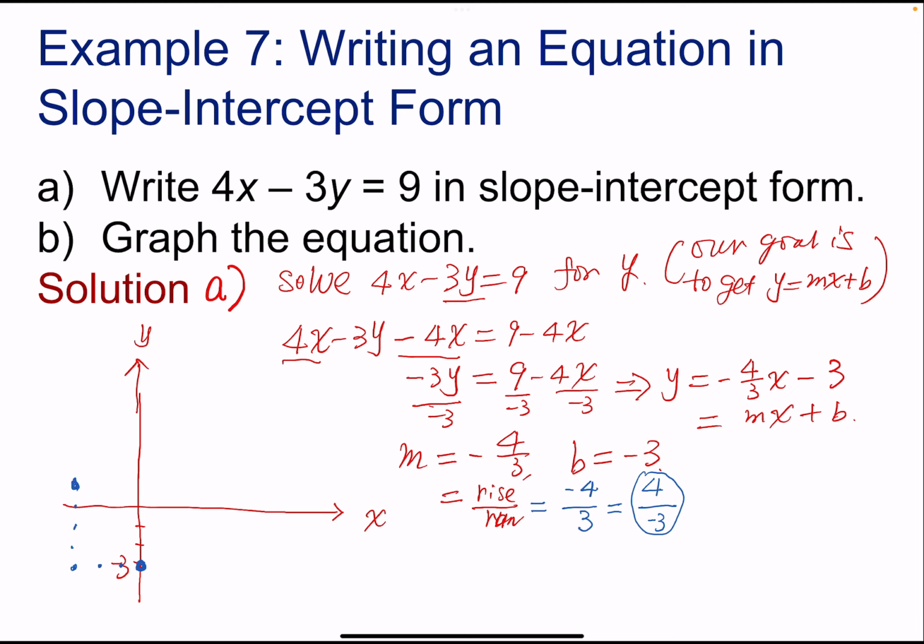That would be the second point. I can connect those 2 points to get the line 4x minus 3y equals 9. So that's how you solve this problem.